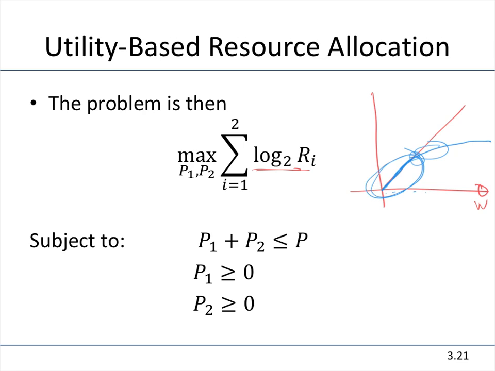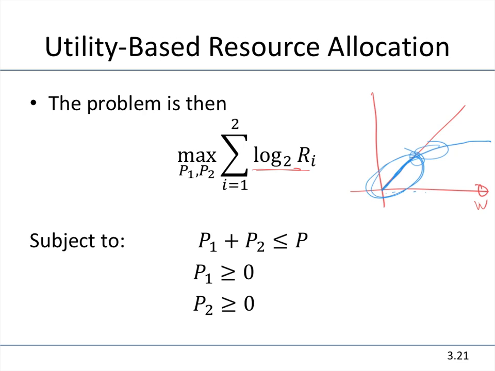So this type of utility-based optimization is also a way for us to transform the objective of the problem, to move it to another domain. We call this transformation. So sometimes we use this log to make the problem convex. Okay?